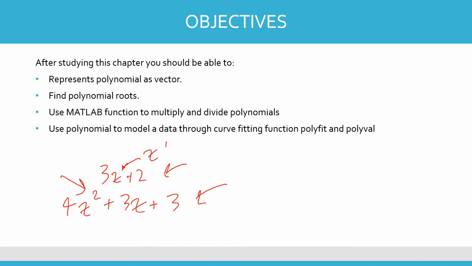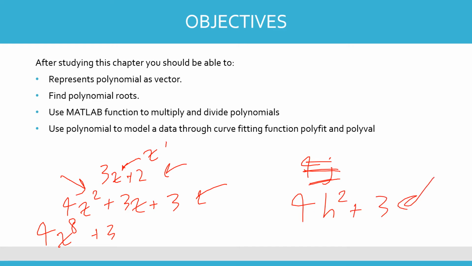So all of this is a polynomial. You can write, for example, 4x to the power of 8 plus 3, which is also a polynomial. J is not a good example because j represents an imaginary number. So for h, h squared plus 3 is also a polynomial.